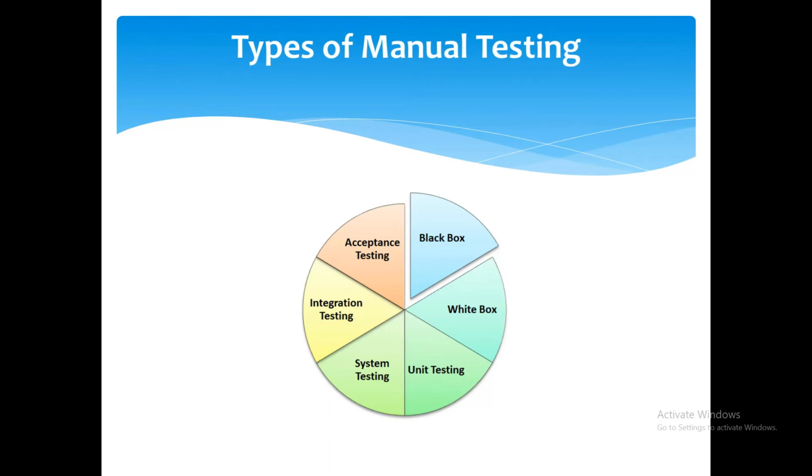This type of testing based entirely on the software requirements and specification is known as black box testing. It can be considered a black box test. So it can be any software system you want to test.